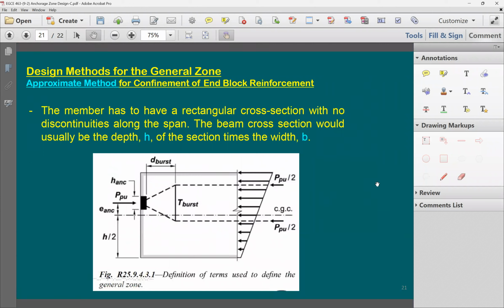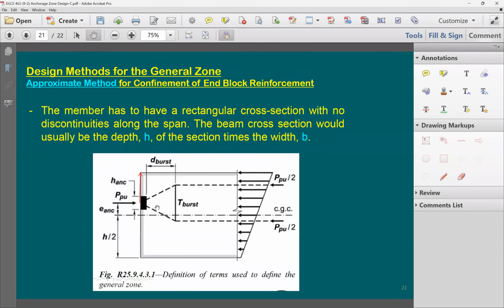The approximate method is so simple. You just say, here is a compressive force. Of course, you're going to have some eccentricity. Here's the stress distribution. It's going to be right here, right? What you need to do is to find out the distance from the top to the center of the anchor.